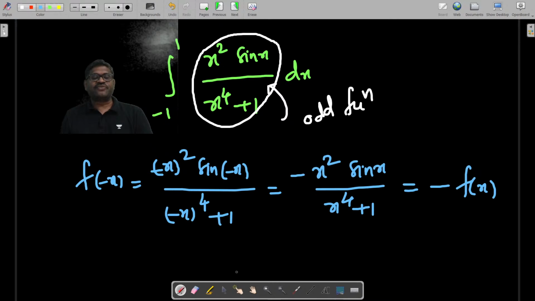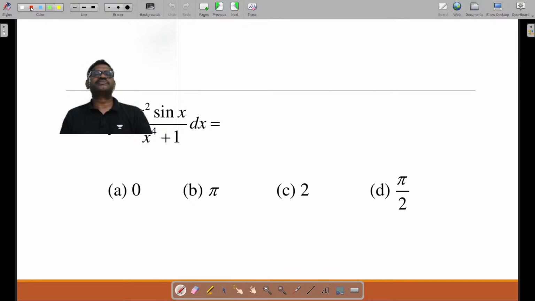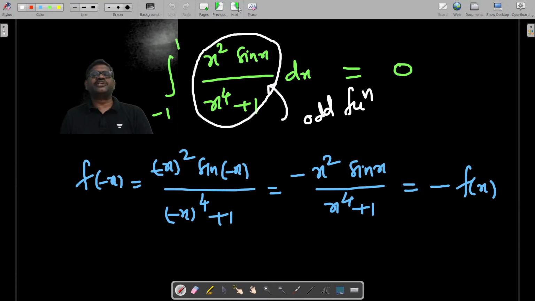That is minus f of x. f of minus x is minus f of x. Therefore, the value of the integral is 0.